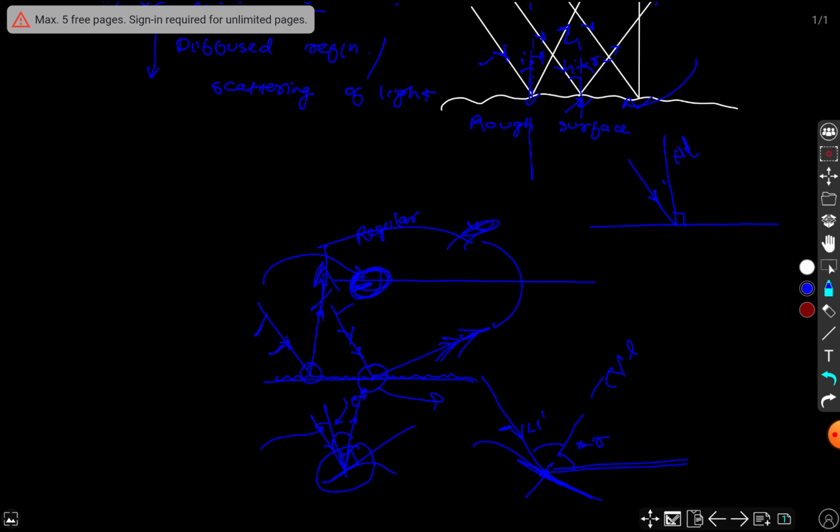And this is why we call this irregular reflection scattering of light, because light is scattered in all directions after irregular reflection. So this is all about the types of reflection, that is regular reflection and irregular reflection.